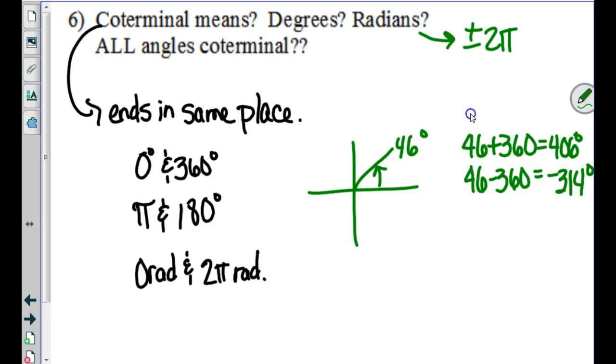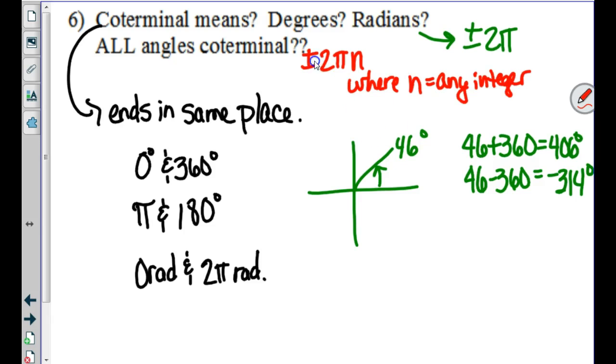Yes. Okay. If it asks for all angles coterminal, then you have to have a way to tell it, I'm going to keep adding and subtracting 360 an infinite number of times, or I'm going to keep adding or subtracting 2 pi an infinite number of times. So what we do is we write plus or minus 2 pi n, where n is any integer. And you really don't need plus or minus.